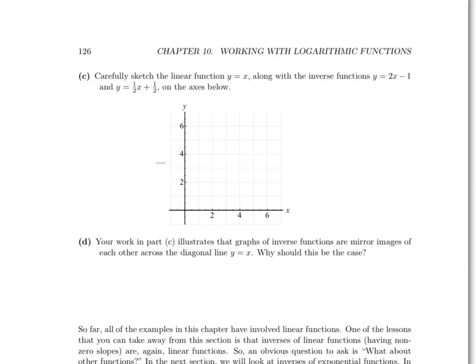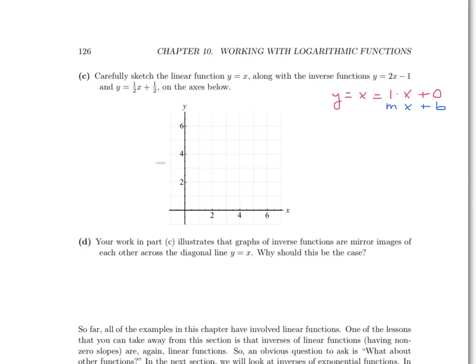So let's start by graphing the function y equals x. Well, y equals x, I can rewrite that as 1 times x plus 0. And if I write it in this form, it is in the mx plus b form.